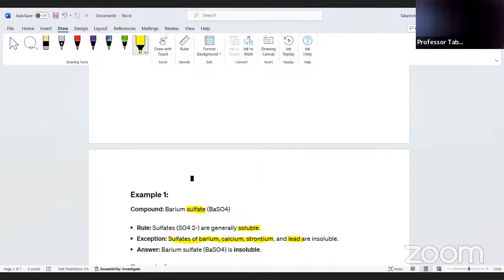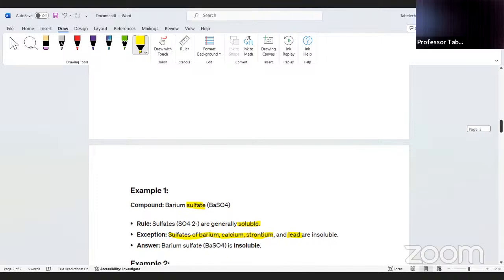So that's why barium sulfate is insoluble. The reason I'm putting that there is because when we get to examples where we're doing net ionic equations, these rules will come into play. So you want to make sure that you know these rules before we do the net ionic equations.